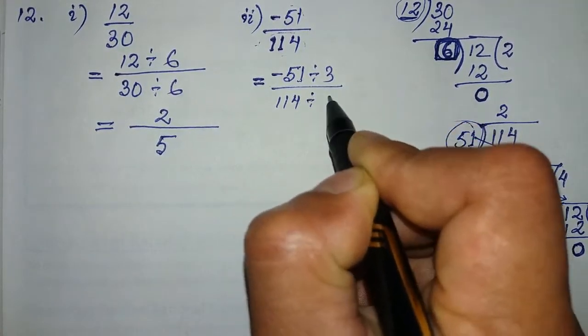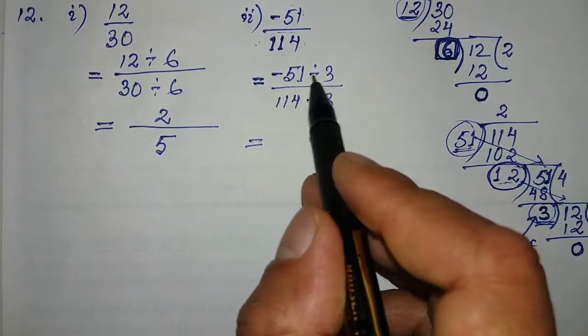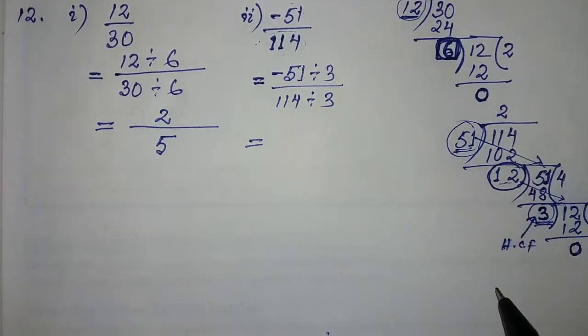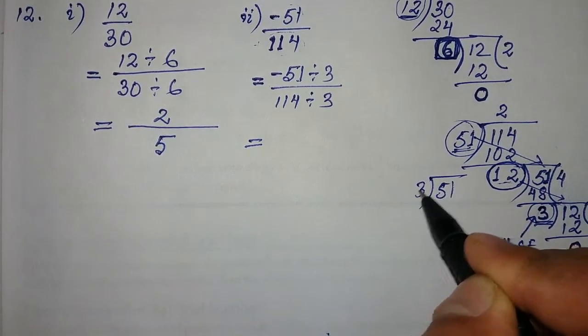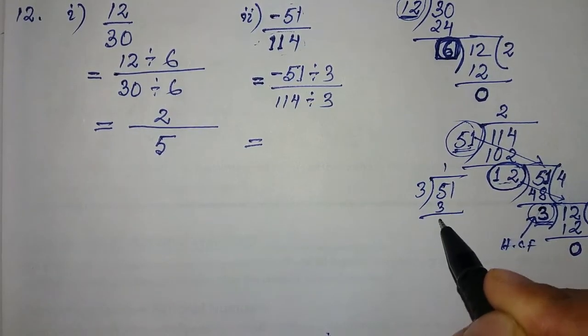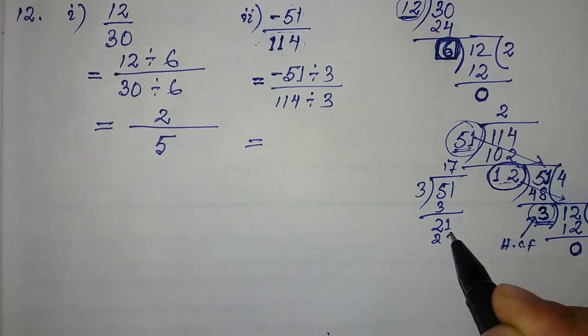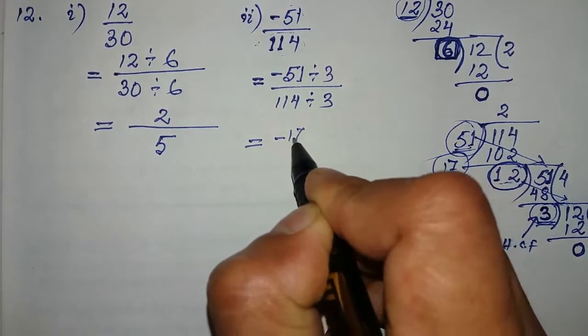51 divided by 3. 3 1s are 3, 2 remainder. 3 7s are 21. It is 17. So this is minus 17.